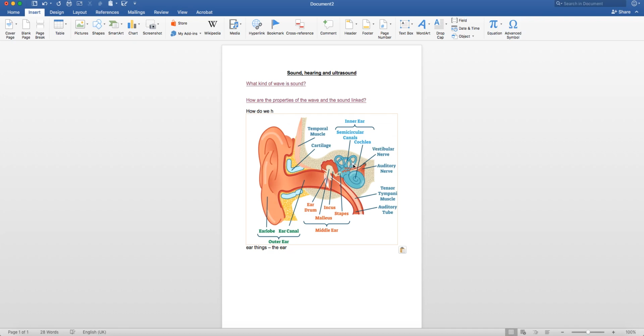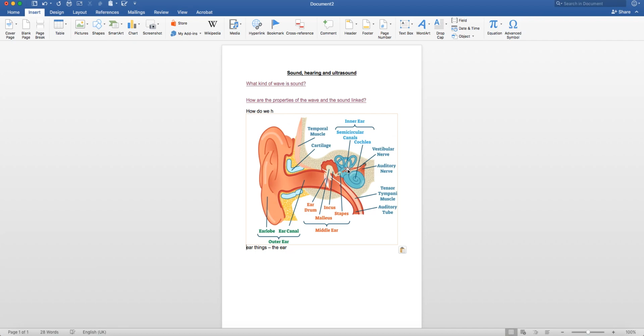The semicircular canals here in the inner ear, along with the cochlea, the semicircular canals have got nothing to do with hearing. They're about balance. There's fluid in these semicircular canals, and the movement of these fluids tells the brain which way up you are. It tells the brain what to do.